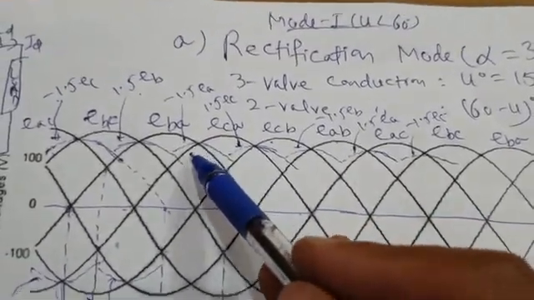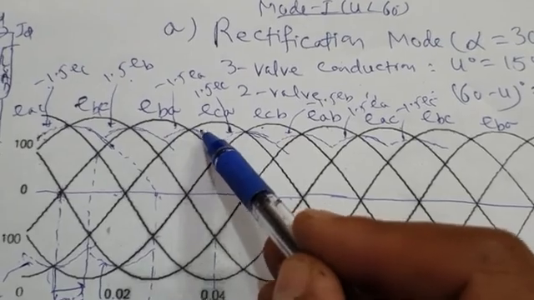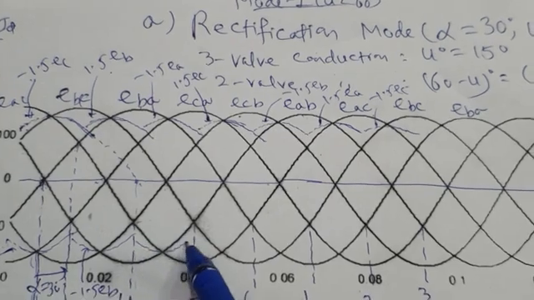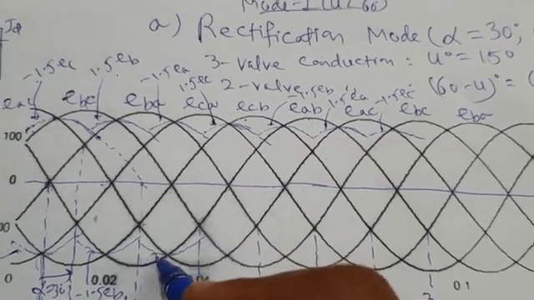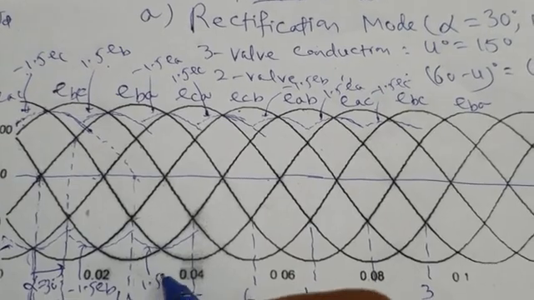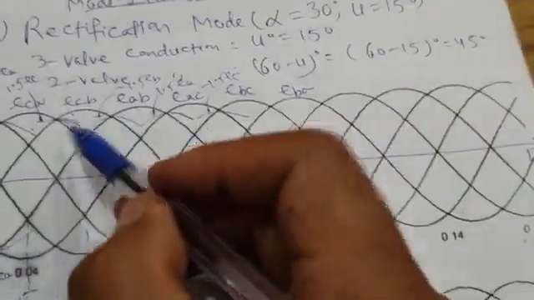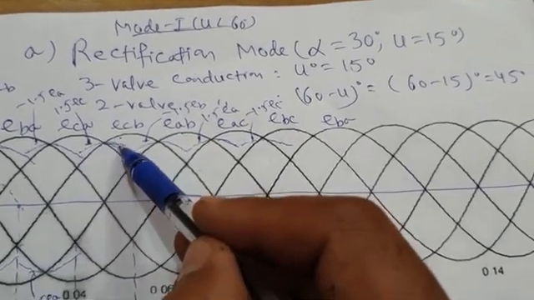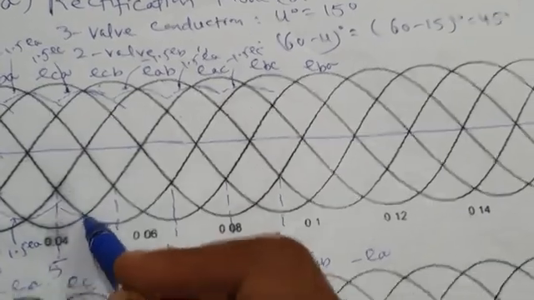What is the next voltage, phase voltage segment? Minus 1.5 EA. इसकी mirror image यहाँ से pass होगी, it will be plus 1.5 EA. I will write here 1.5 EA. Next is 1.5 EC. If this is plus 1.5 EC, this will be minus 1.5 EC.